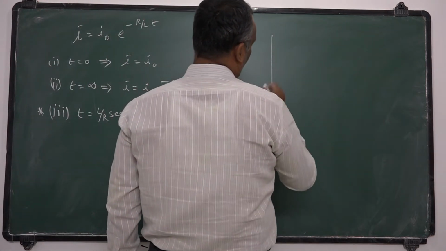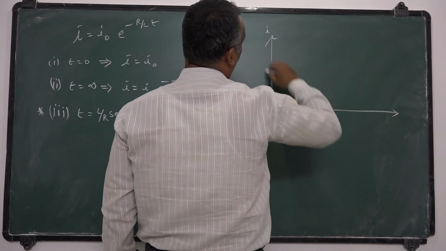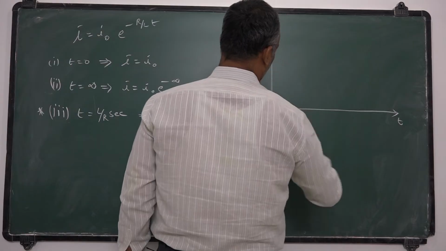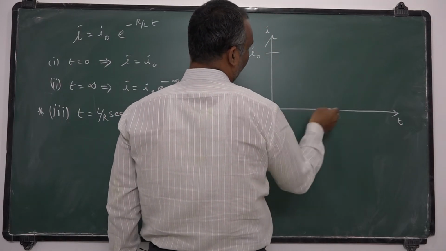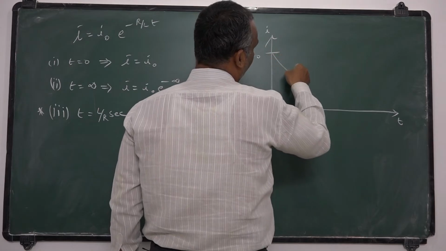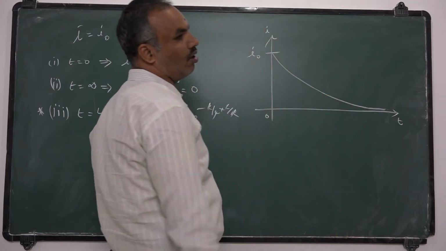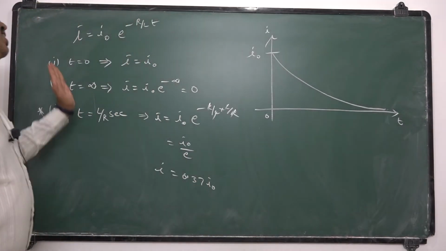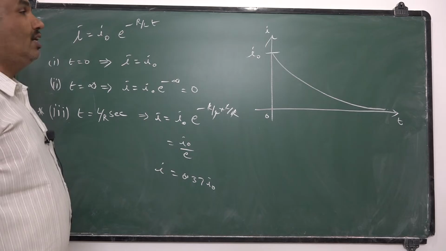If you observe clearly the graph between current and time, at time t is equal to 0, the current is maximum, that is I naught. As the time is increasing, current is decreasing and gets 0 value after infinite long time. It is an exponentially decreasing graph, earlier exponentially increasing.